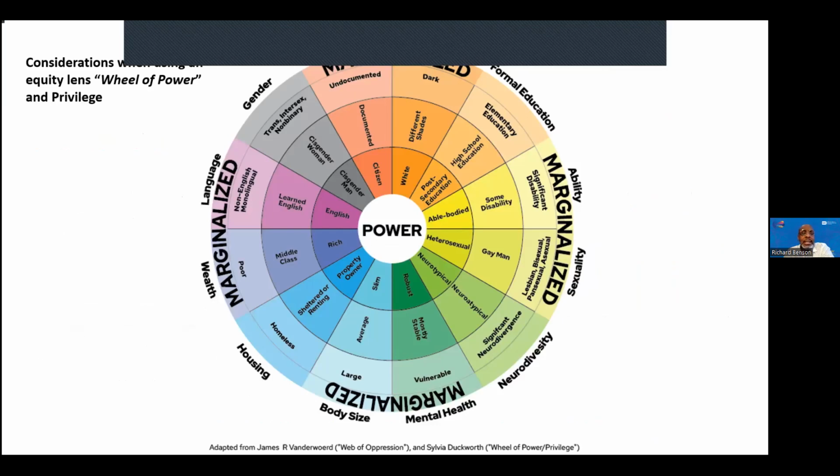I like this slide, and I present it because it's a wheel of power and privilege. If you consider power at the center, and think of all of these factors in terms of what is more highly linked to power, a lot of people and groups are marginalized.